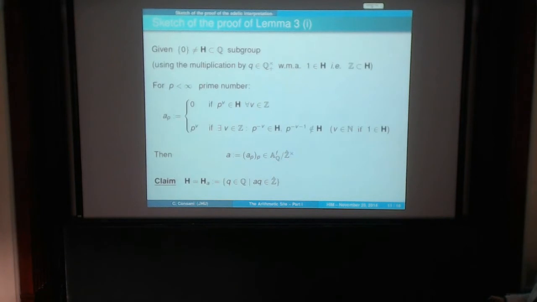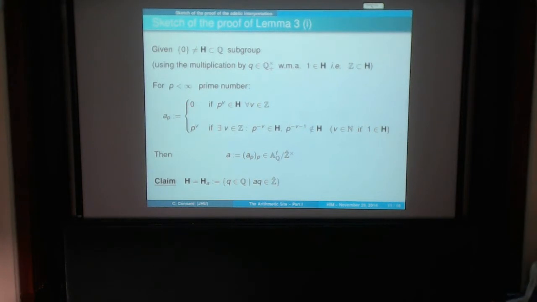So the proof, first of all, the definition of the Adele element. Notice that the statement says non-trivial subgroups of Q. So I start with a non-trivial subgroup of Q, and using multiplication, I may assume that 1 is in H, which means that Z is in H. Then let's see the definition of the Adele at each place. For a prime number p, a_p is defined in this form.